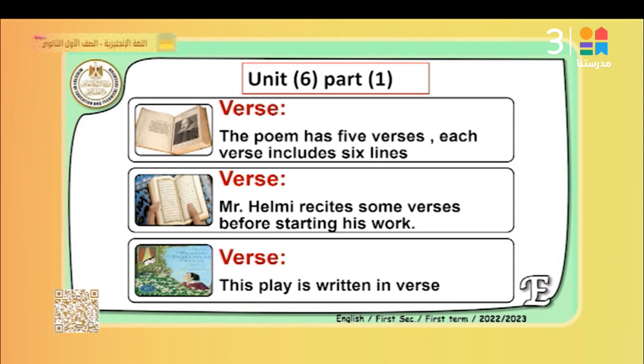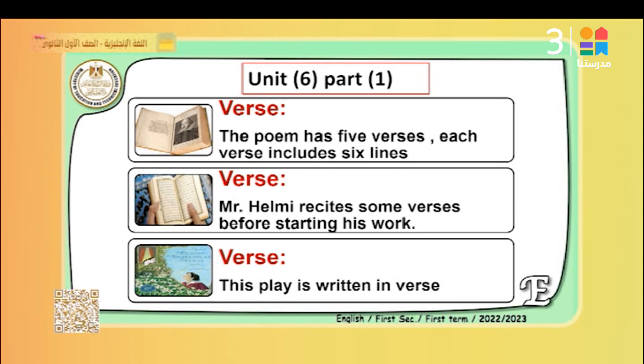Look at the other example. Mr. Helmi recites some verses before starting his work. Look at the picture. Mr. Helmi has a holy book, either the Quran or the Bible, and he reads some of it. He reads some verses. So verses can be parts of the Holy Quran or the Bible.